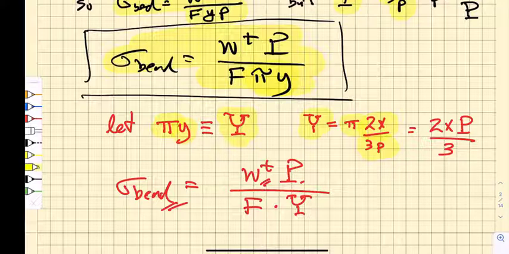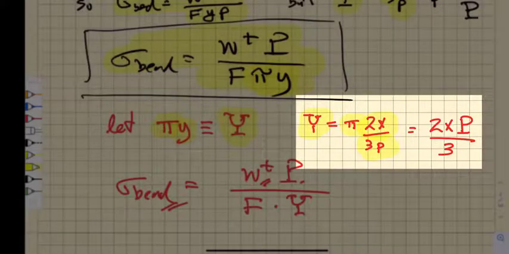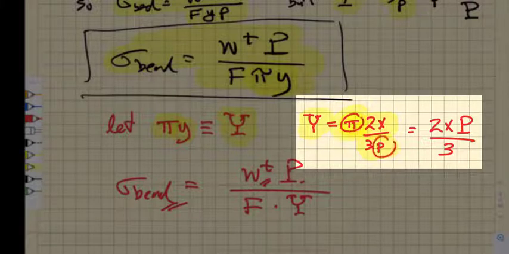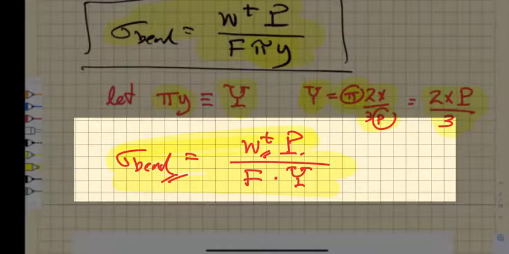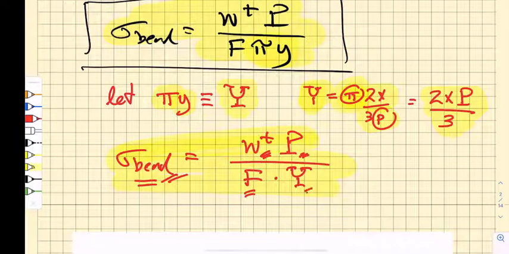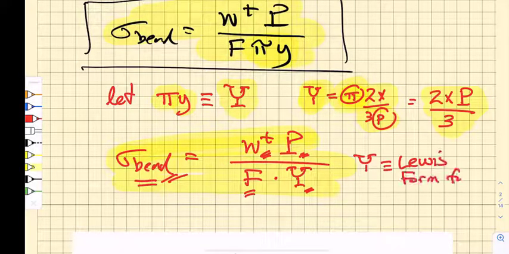And then we replace the pi over p in here with the diametral pitch. And so we end up with the bending stress equal to the tangential force acting on the tooth times the diametral pitch divided by the face width times this factor Y, and Y is called the Lewis form factor. And there are tables for Lewis form factors.